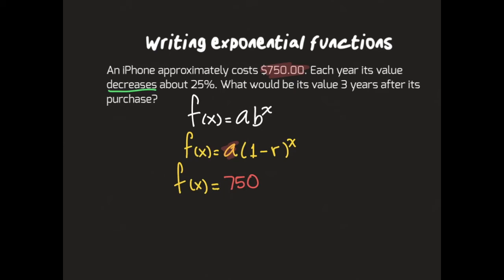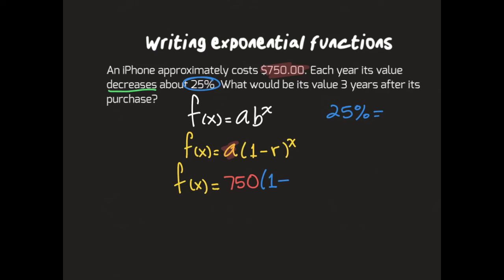So here's where you're going to have to do something a little bit different. I'm still going to have 1 minus, and then I need my r value. Be careful here. This is a very common mistake. I have a 25%, but for me to write it here, I cannot write it as 25. That is a percentage.